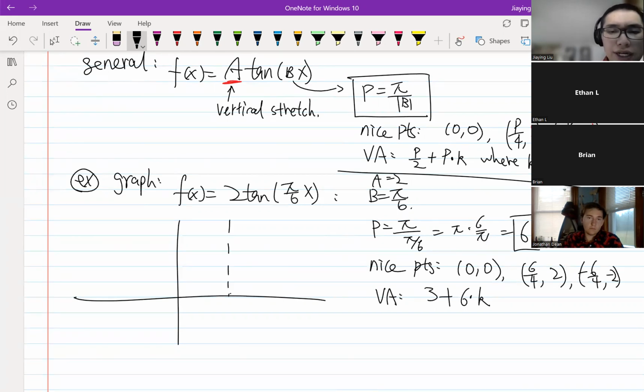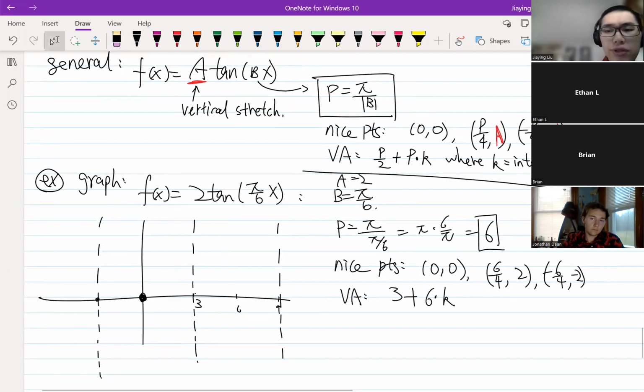So if we were to graph this quickly, there's a vertical asymptote at 3. The next one is going to be 3 plus 6, which is 9. The one on the left is going to be 3 plus negative 6, so that's negative 3. So those are the vertical asymptotes. And the nice points we have here are at the origin, and also 3/2, comma 2, and negative 3/2, comma negative 2.